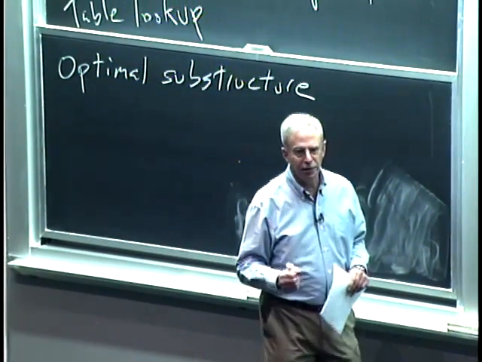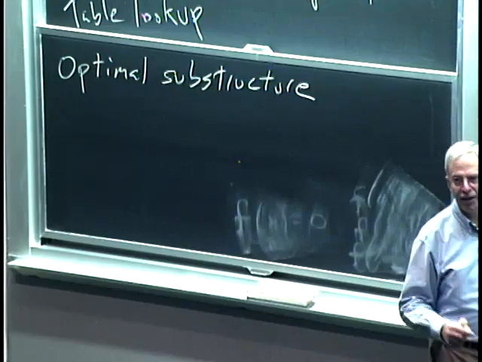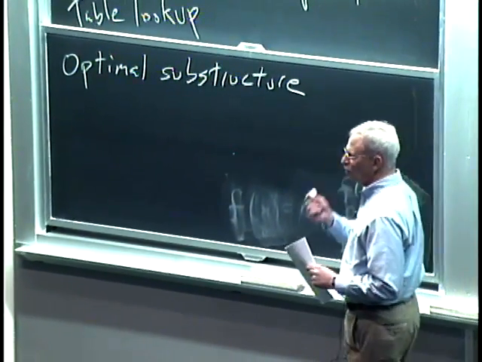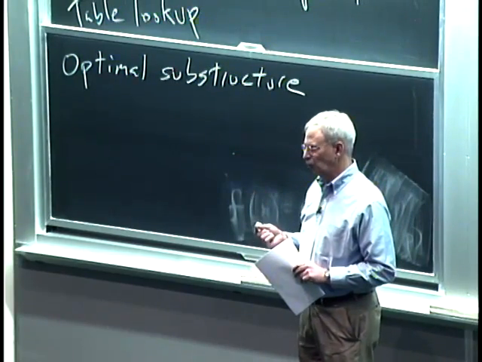The notion here is that you can get a globally optimal solution from locally optimal solutions to subproblems.